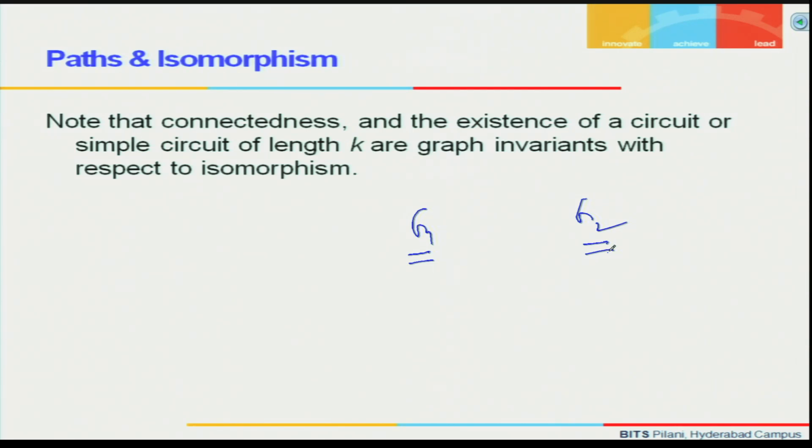You take a circuit in G1, you will be able to get a corresponding circuit in G2. Maybe the names are different, but the structure of the circuit remains the same. That is what it means for properties like simple circuit to be invariant with respect to isomorphism.